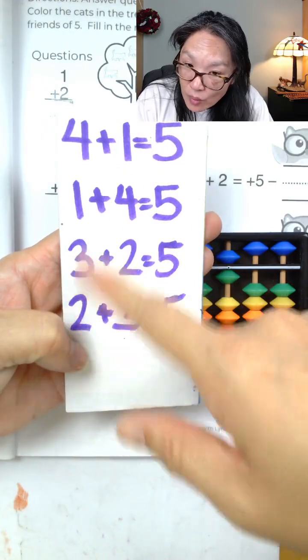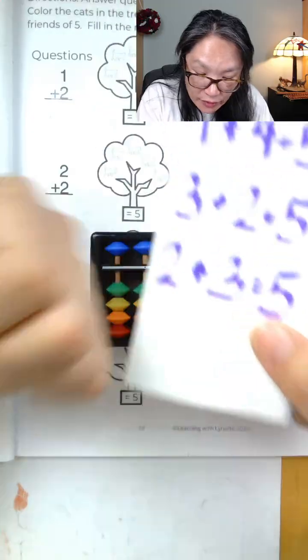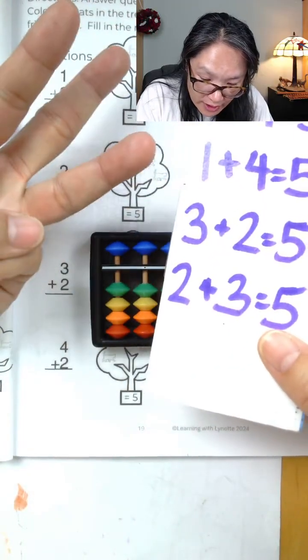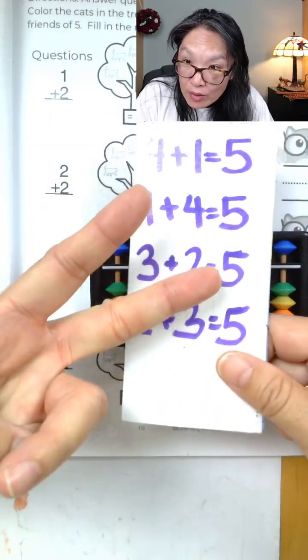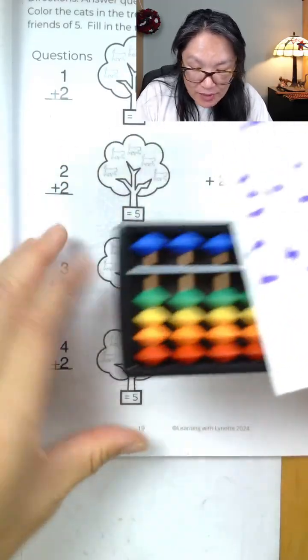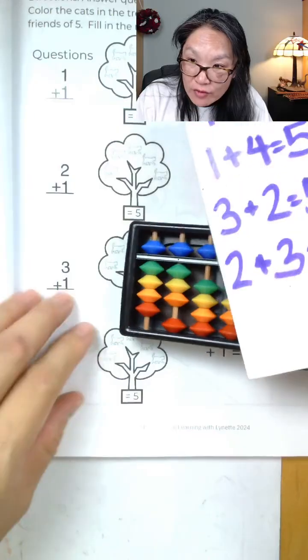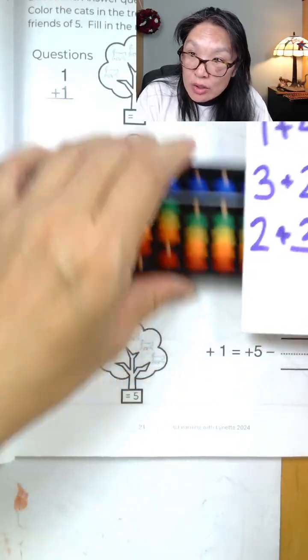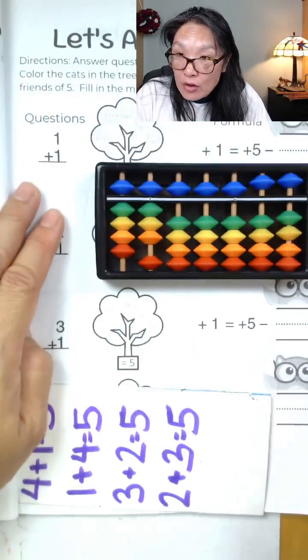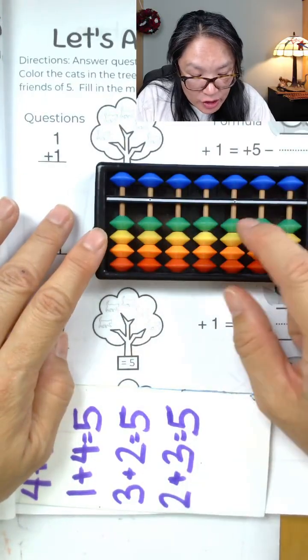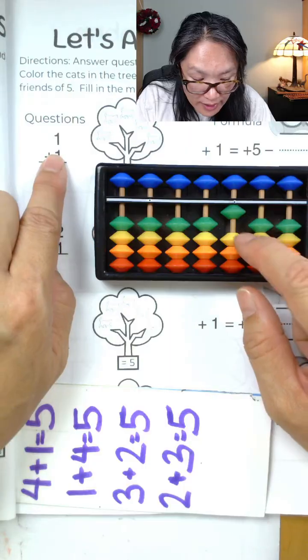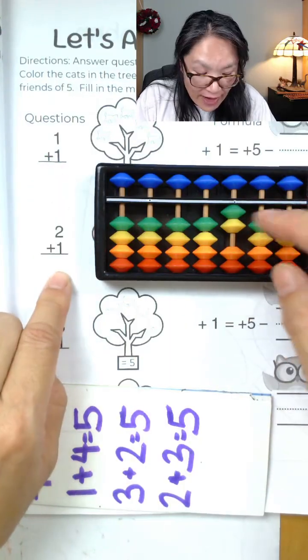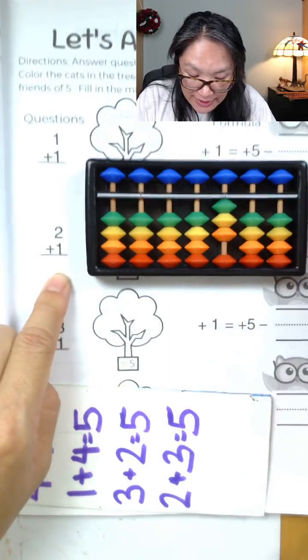But we're not done. Why? Because we only did 2, 4, 3. Now we have 1 more. But the funny thing about 1 is there's not a lot of questions for the 1. It's only this one right here. So it goes back to, is there enough? The question is always, can I do it? Yes, I can. I want to add 1 and I add another 1. That's not a problem. If I have 2 and I add another 1, again, not a problem.